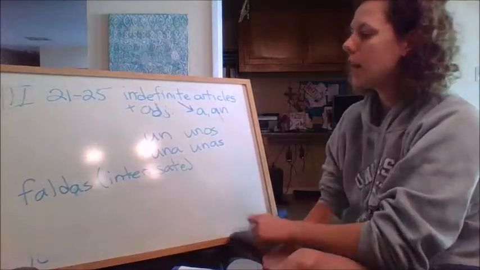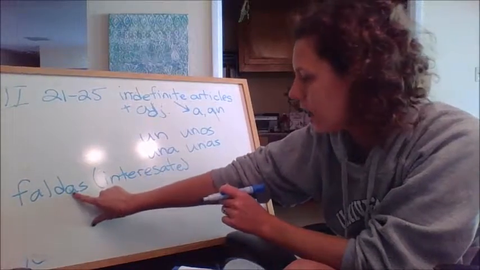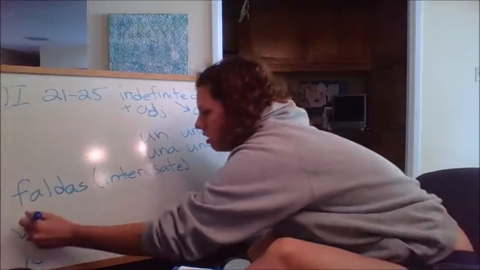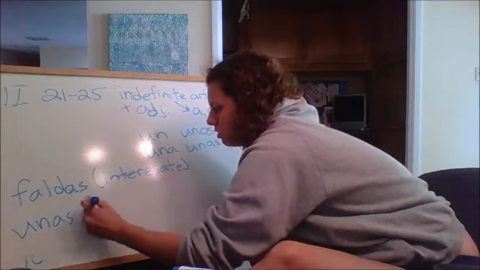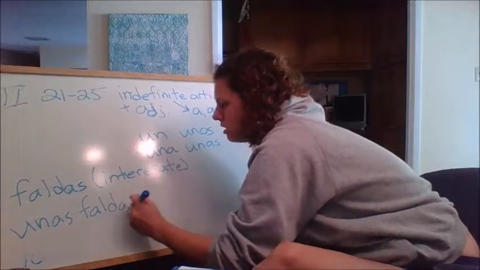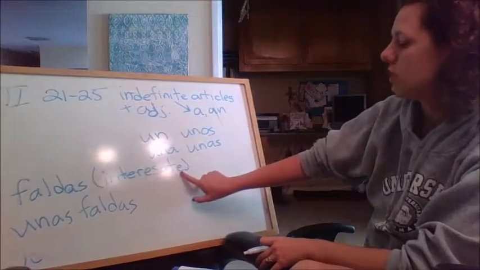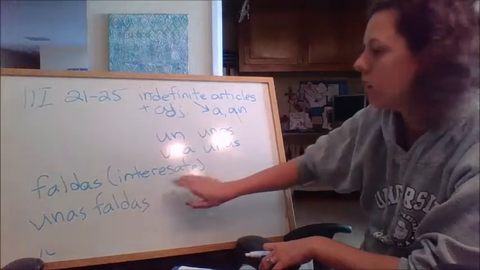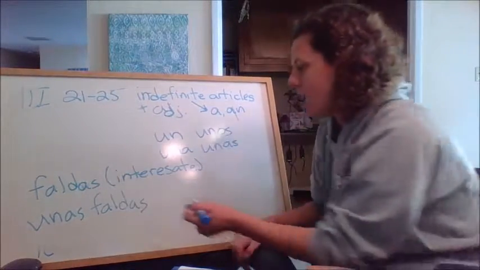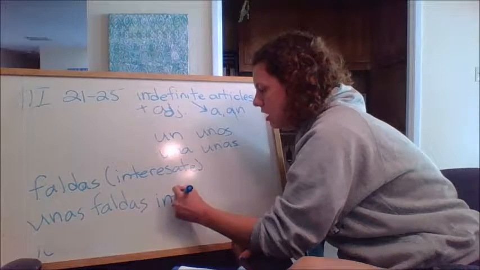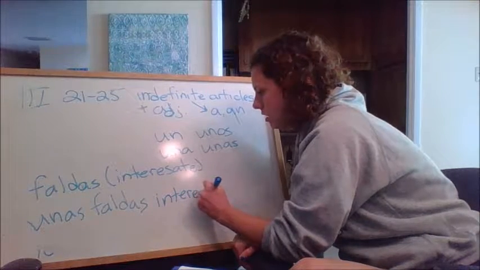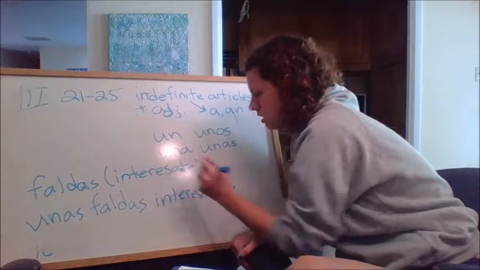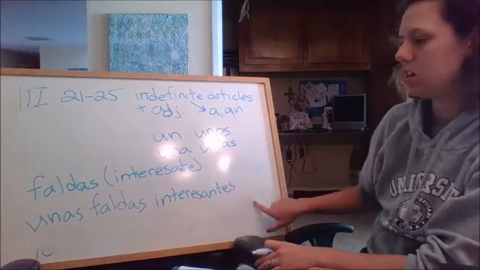All right, so we've got faldas, which is feminine and plural. So we have to use unas. So we say unas faldas. And then this adjective ends in an E. So all we care about is plural or singular. This is plural, so we add an S. So make this plural. That has an N. Interesantes.